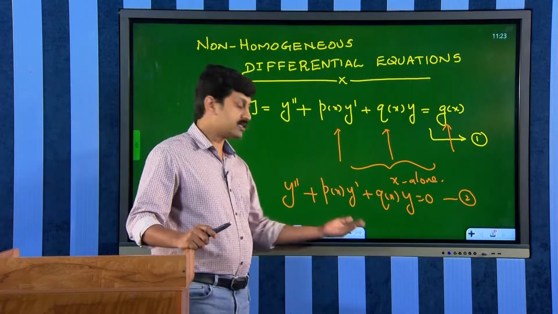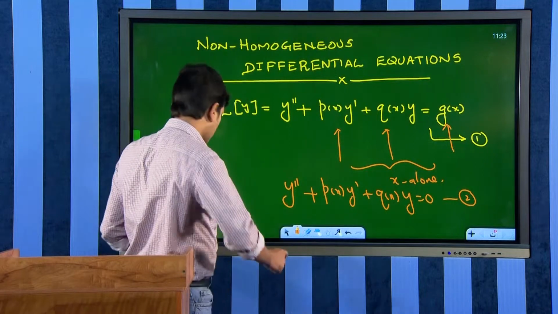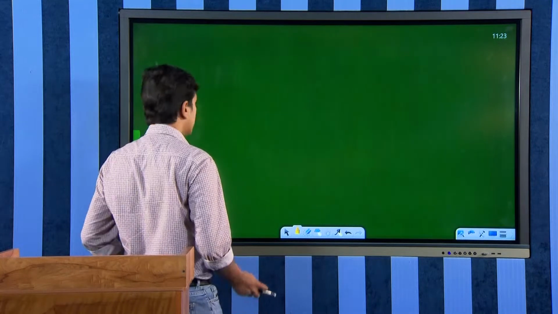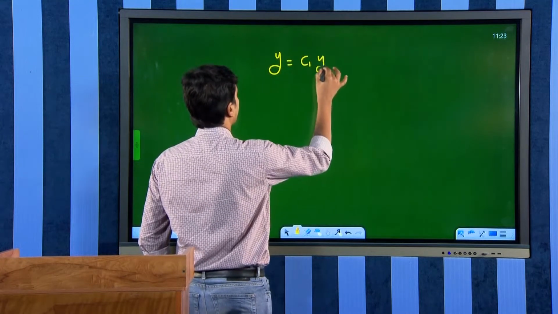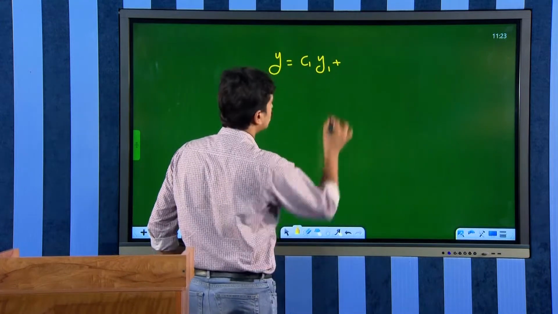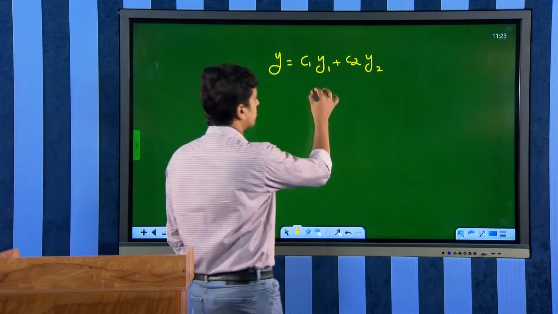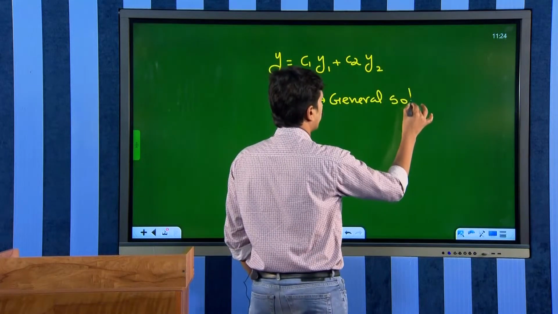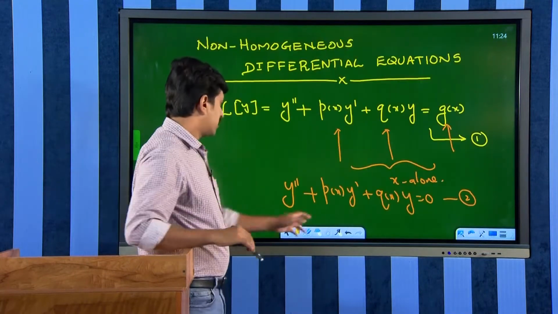We can solve this, as we discussed in our previous sessions, and we will get y is equal to c1 y1 plus c2 y2. This is the general solution of the homogeneous linear differential equation, equation number 2.